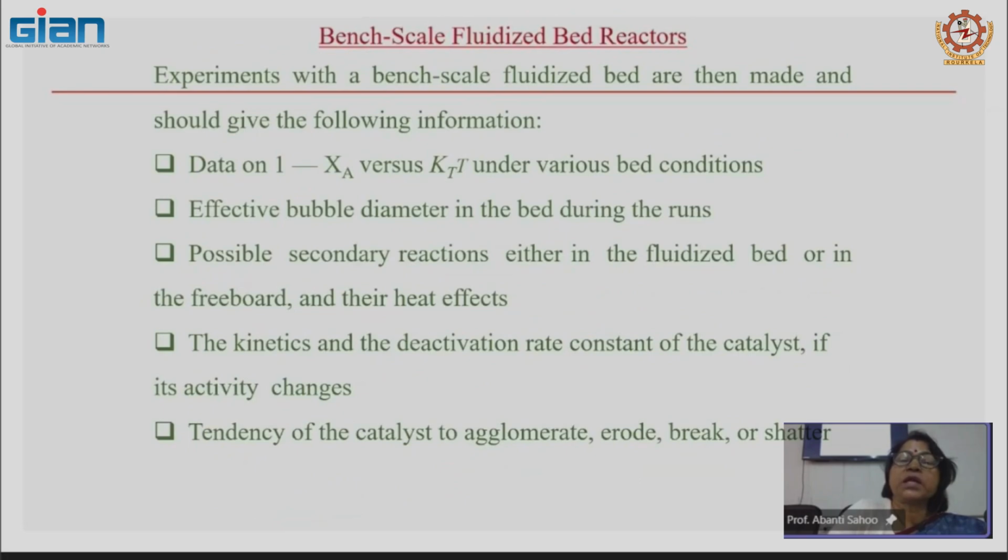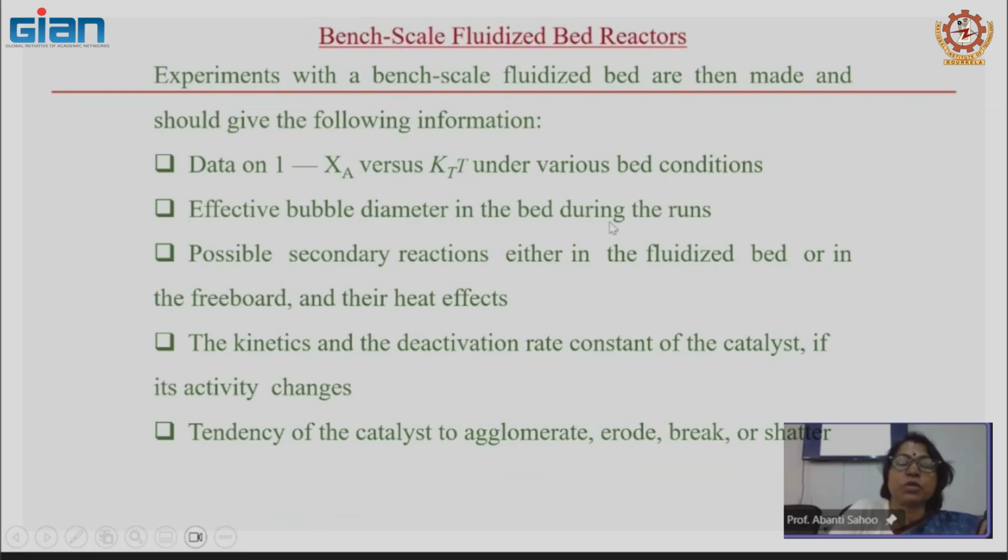In the case of bench scale fluidized bed reactors, experiments are conducted in them so that we can have data on 1 minus XA, where XA is how much of the gaseous reactant is being consumed and 1 minus XA is how much remains unconsumed, versus KTT under various bed conditions.